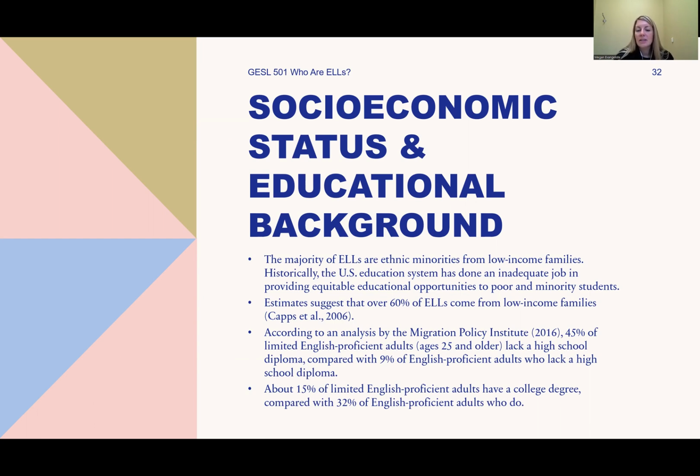So estimates suggest that over 60% of ELLs come from low-income families. And according to MPI, 45% of limited English proficient adults lack a high school diploma. So only 15% of limited English proficient adults have a college degree compared to 32% of English proficient adults who do have a college degree.